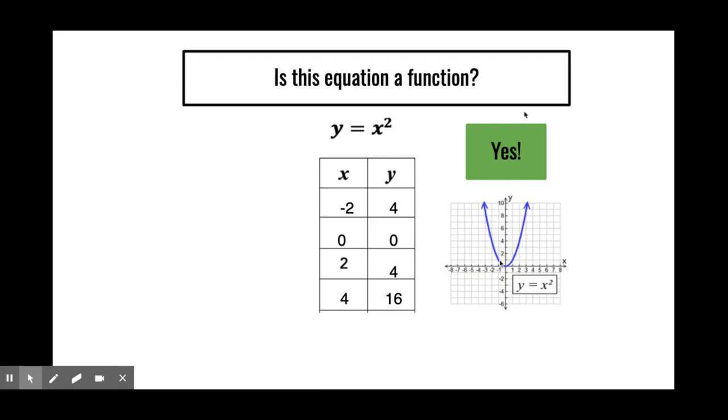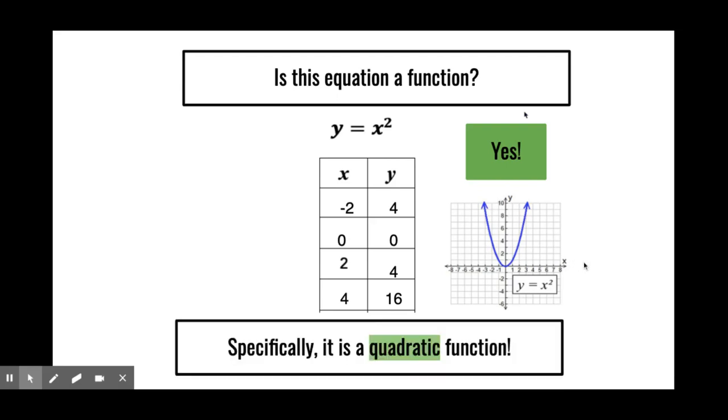At negative 2, we're at 4, and at positive 2, we are at 4. Again, that's okay, because each input still only has its own output. Specifically, this is a quadratic equation.